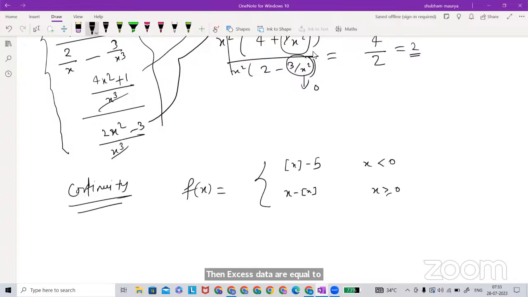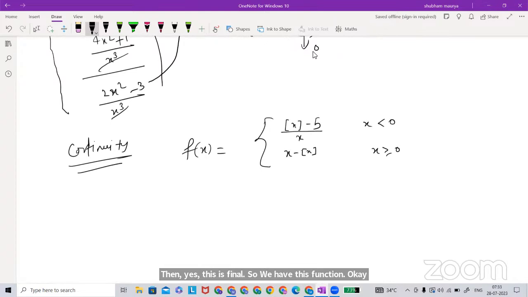Suppose you have this function, and in the broader case we can also divide by x. Now we want to discuss its continuity, or where the function is not continuous. Please let me know where the function is not continuous.